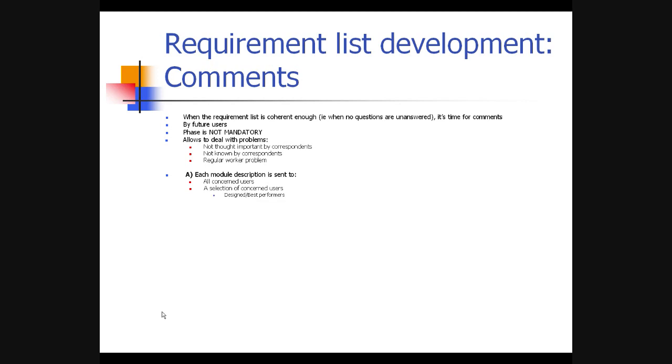This selection can be composed of the best performers, or the people that are really the best in each department, and this list of names is going to be given to you by each correspondent, of course. Or it can be done by volunteers.